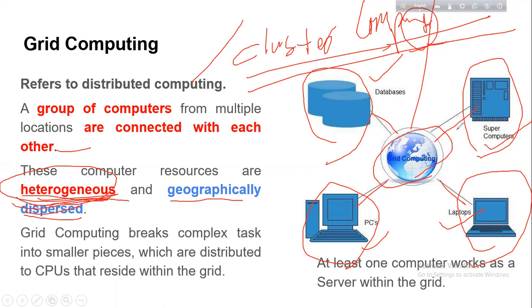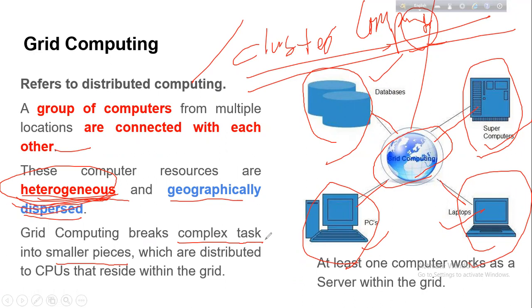The computing resources are similar in cluster computing, but in grid these computing resources are heterogeneous and geographically dispersed.